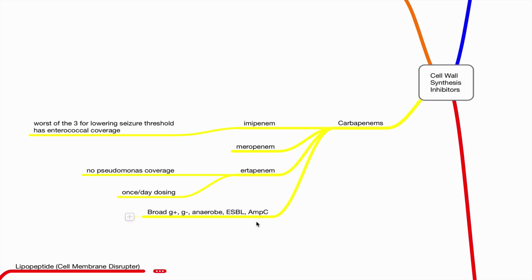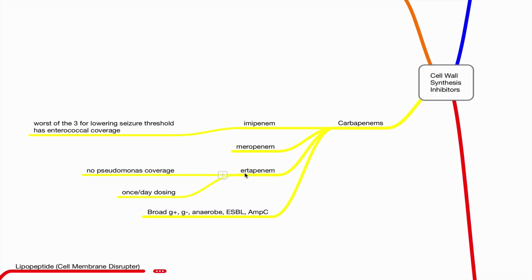In this family, we have 3 medications. We have imipenem, which is the older form. It's the worst of the 3 for lowering seizure threshold, so if the patient has a seizure disorder, it's worth thinking about this. Imipenem does have the best enterococcal coverage of the 3.